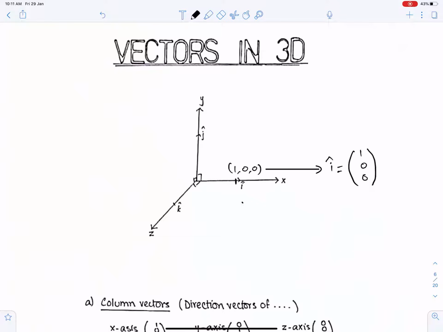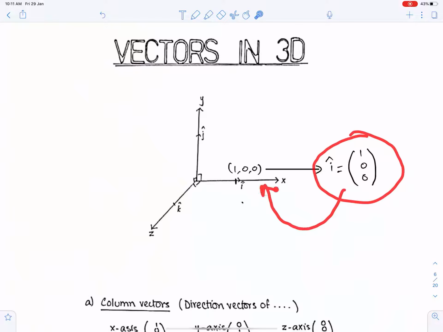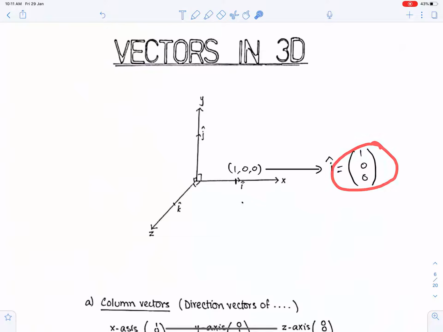This is known as the direction vector of the x-axis. So if it's given in the question that the line is intersecting the x-axis, you need to use this direction vector for the x-axis. And this j will become 0, 1, 0.